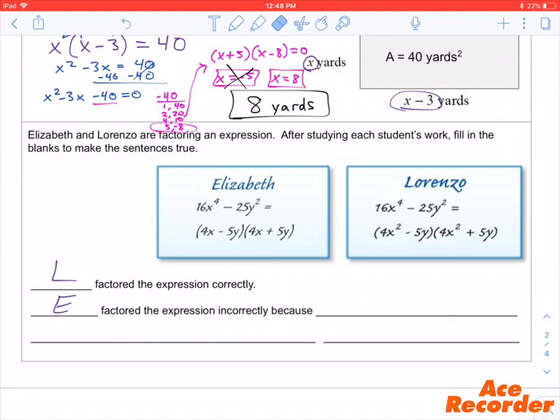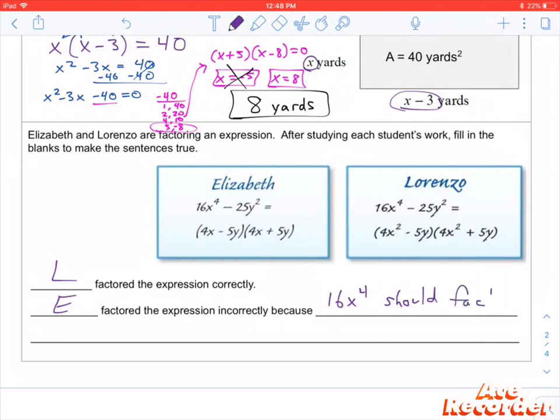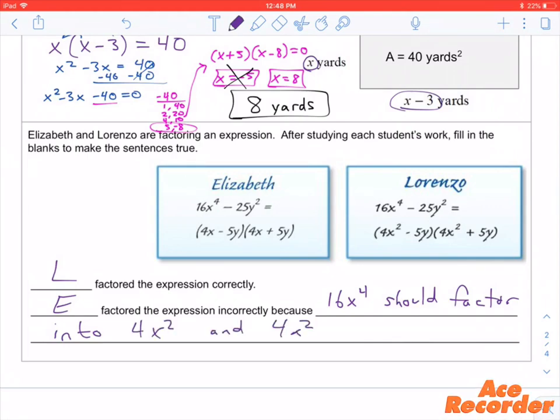Well, this is where you can kind of make your own words, but 16x to the 4th should factor into 4x squared and 4x squared, not 4x. Not 4x and 4x, okay? Again, that's just one description. It doesn't really matter how you explain as long as you're explaining what they did wrong, okay?